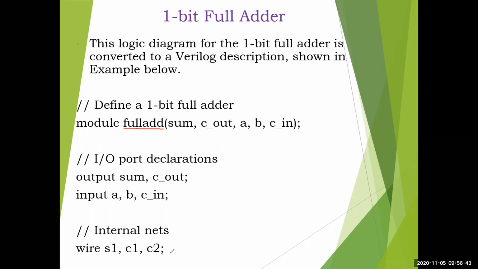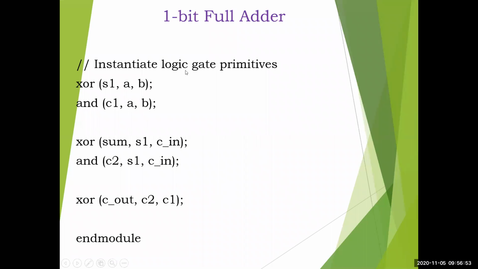You can pause the video and write down, or verify what you have already written. I will go further. Then I just need to call the instances, the gate instantiation. First, XOR: S1 is the output, A and B are the inputs. Next AND gate: C1 is the output, A and B are the inputs.